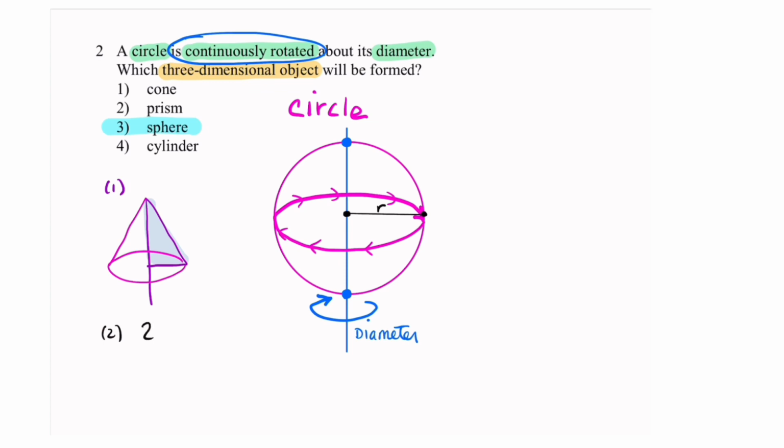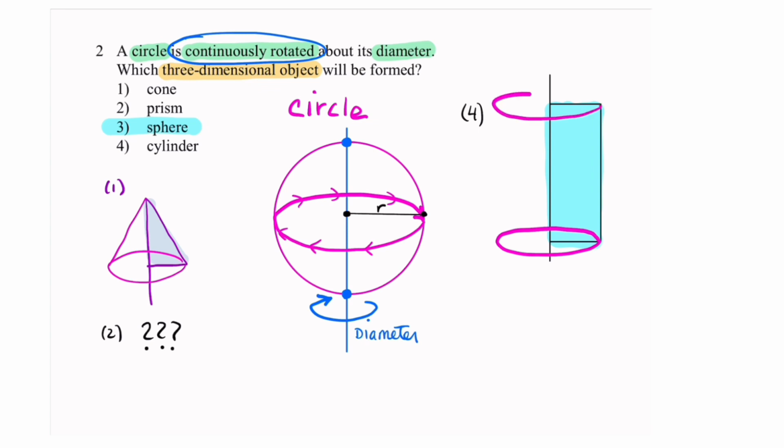Choice 2 just says generally a prism, so we might not be sure about exactly what they mean by that. And choice 4, a cylinder can be found by spinning a rectangle about one of its sides. So choice 3 was our answer here, a sphere.